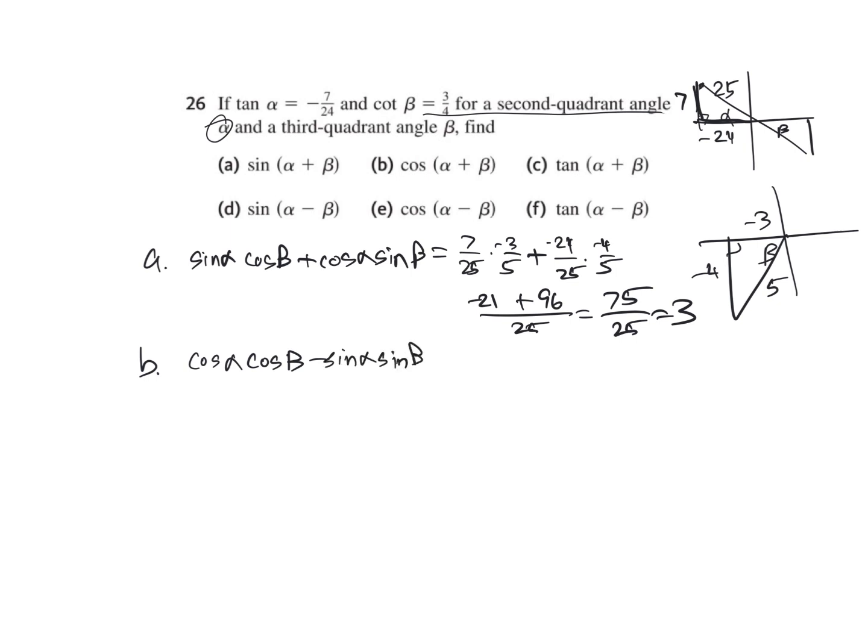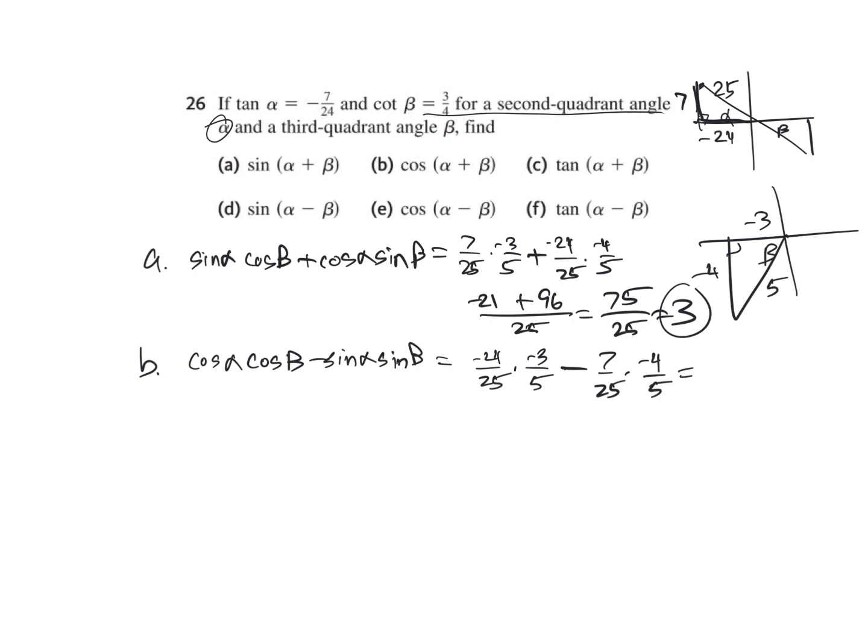So here we got cosine of alpha is negative 24 over 25. Cosine of beta is negative 3 over 5. Minus the sine of alpha, 7 over 25. And the sine of beta is negative 4 over 5.